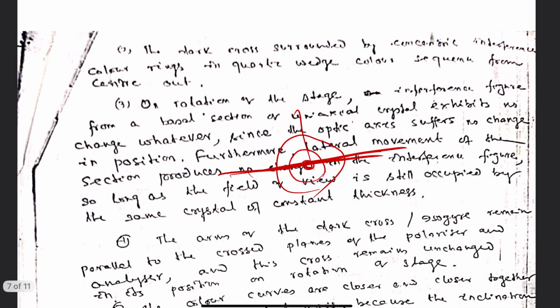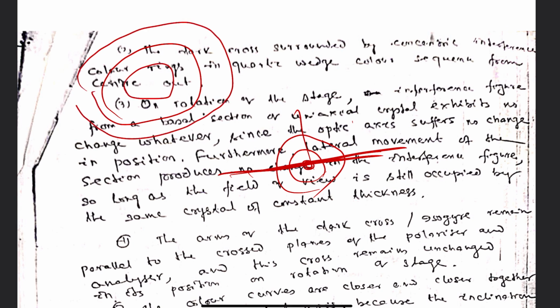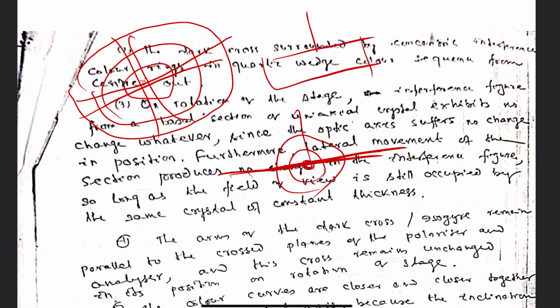Thus, when you see any uniaxial basal interference figure, we have the color rings. Rings do not change their shape, and we have the dark isogyre, which does not shift its position throughout the rotation of the stage, so long as the optic axis is exactly perpendicular to this section.